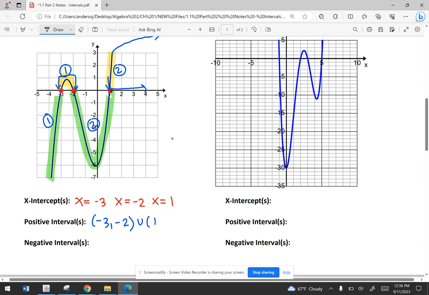So it's starting at 1, going to infinity. When I look at the negative intervals, this graph continues to negative infinity. So it's going from -infinity to -3. And it's joining with this section, which goes from -2 to +1.